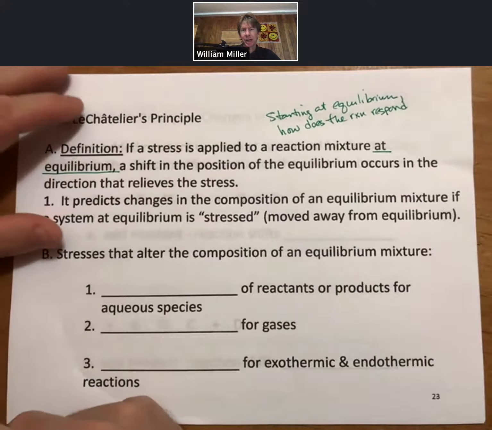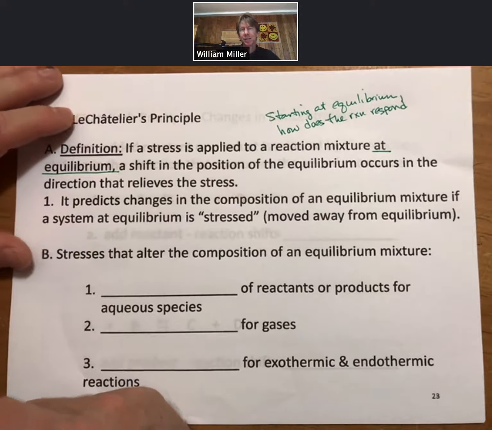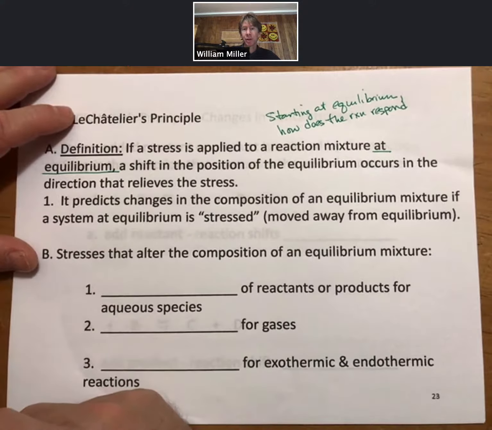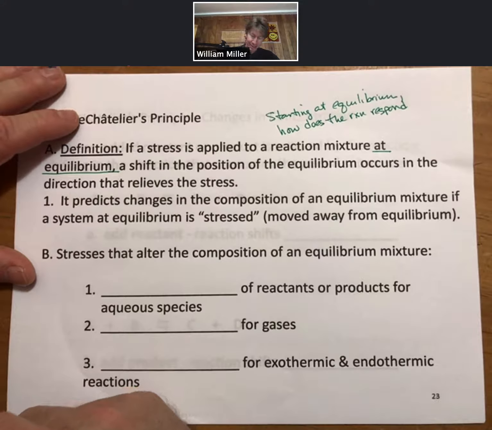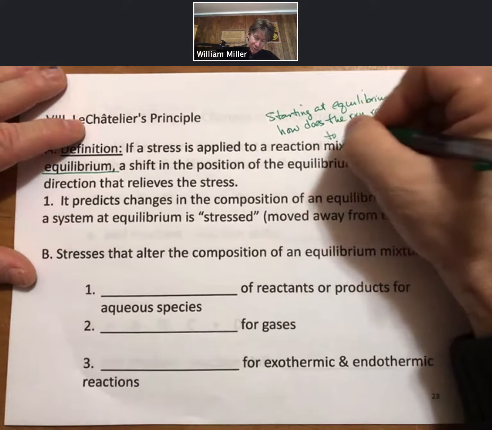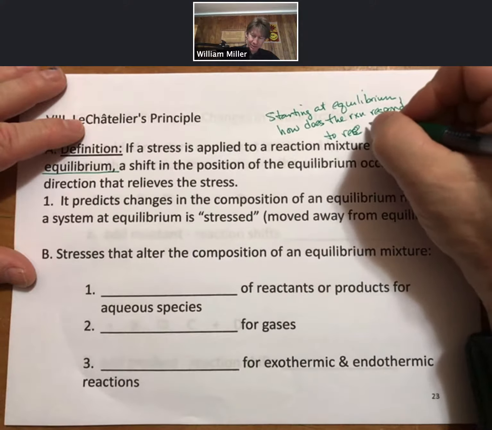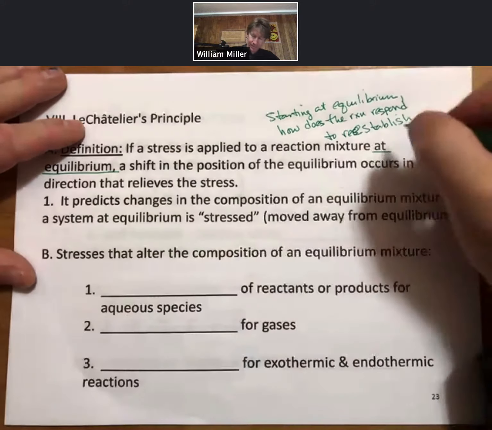And by respond, I mean, does it go in the forward direction, at which point it will shift towards products? Does it go in the reverse direction, in which case it will shift left towards reactants? So how does the reaction respond to reestablish equilibrium?